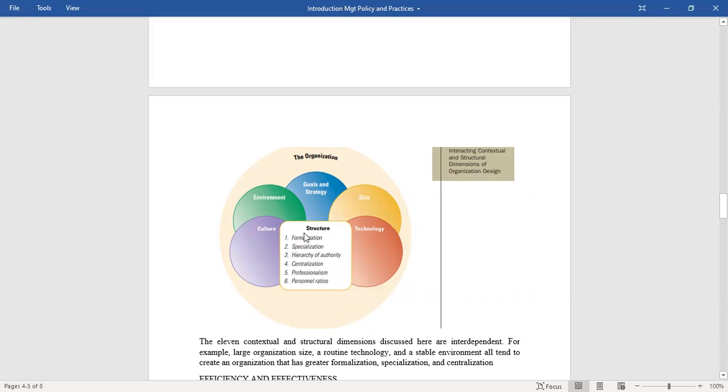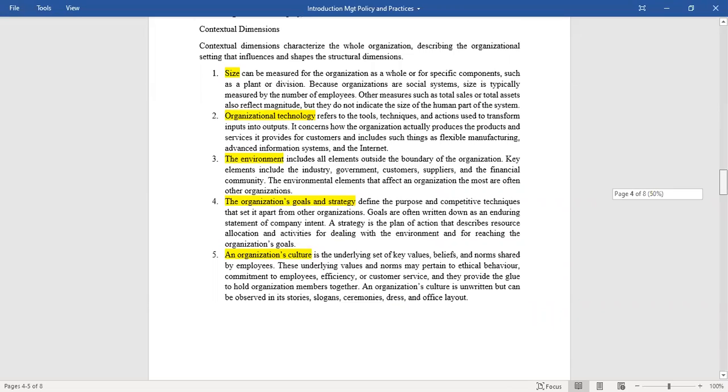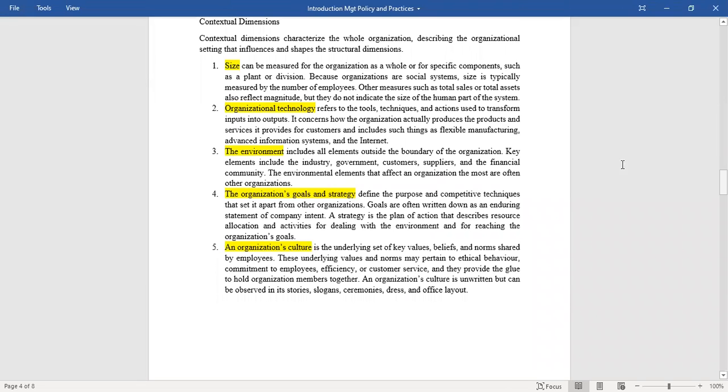What level is the best, right? That is determined by the setting, which is also called the contextual dimension, or the setting in which the structural dimension takes place. So this needs to be understood very well before any kind of structural design can happen, right?